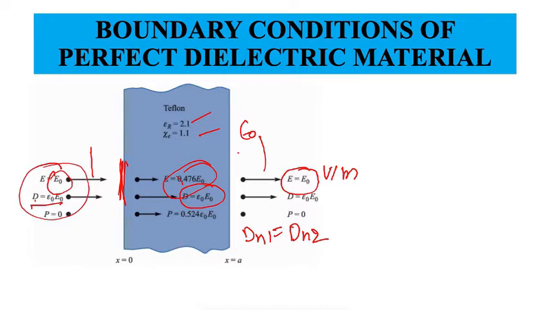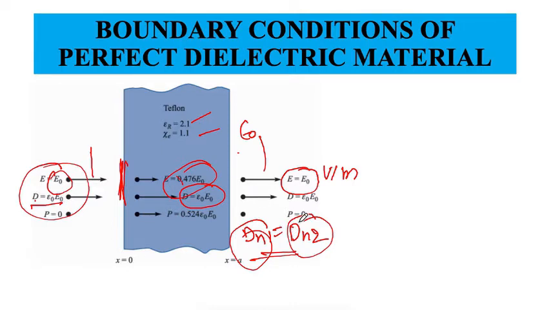Epsilon naught E naught is the normal component of the D field outside, and that must be equal to the normal component of the D field inside. So this is D in and this is D out. Both being normal, they are equal to each other.